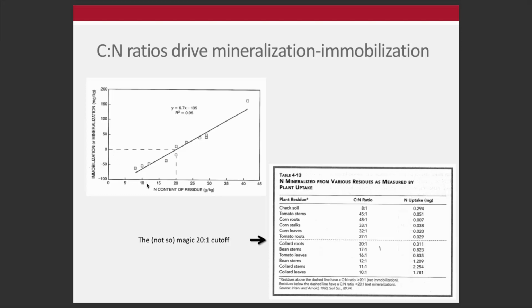Oh, wait a second, I think I just said that wrong. So this is nitrogen content of the residue. As that nitrogen content increases, we're going to have more nitrogen actually mineralized. So positive is mineralization and negative is immobilization. I think I just said that wrong again.